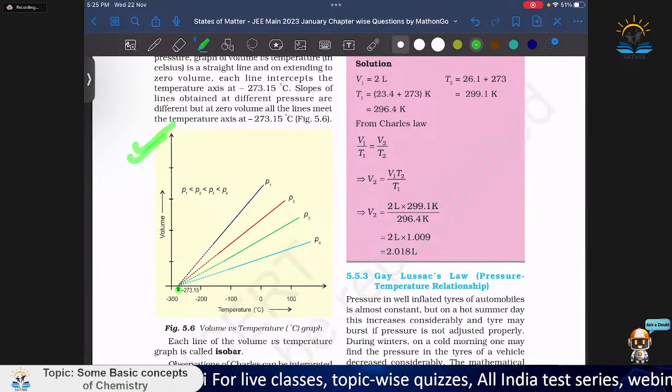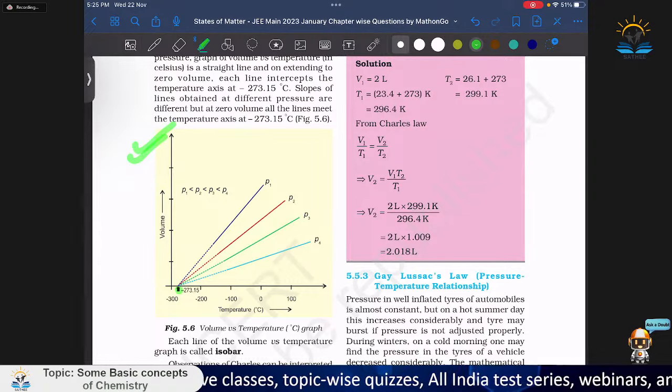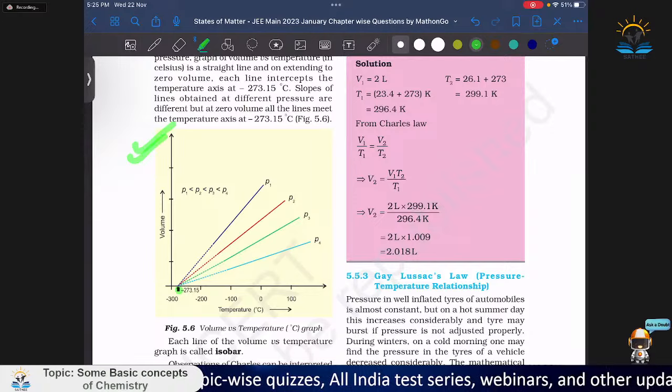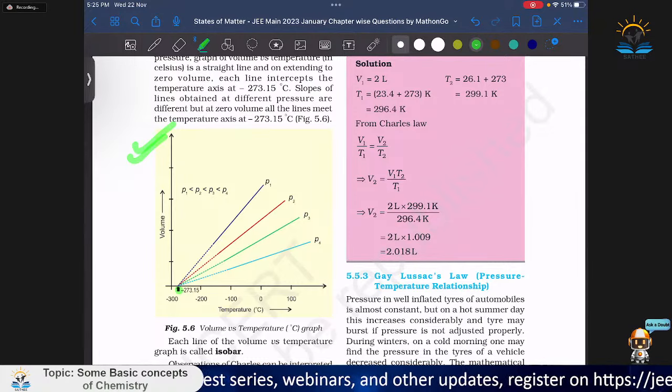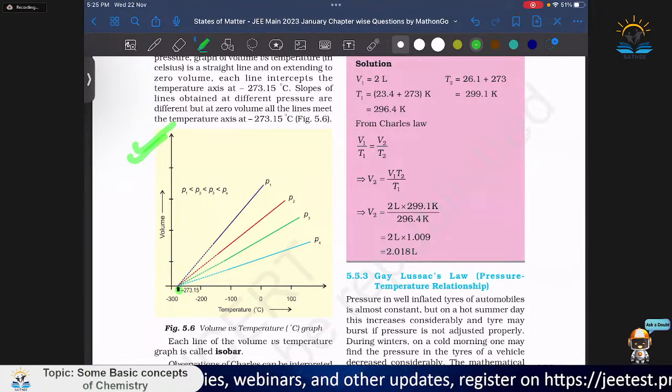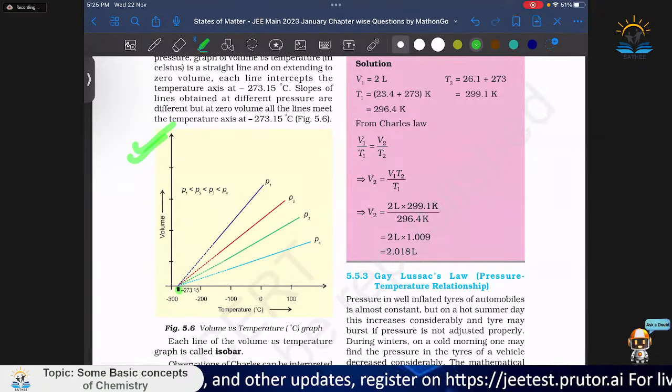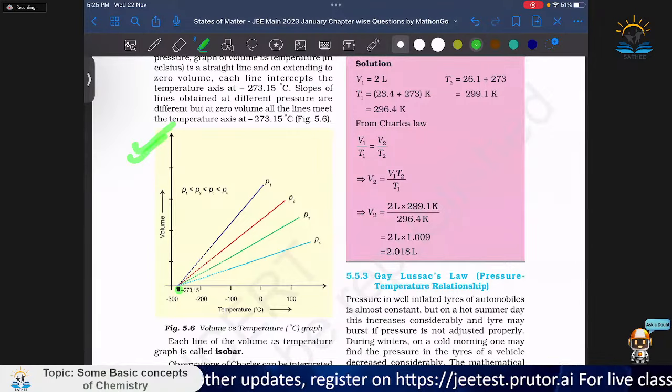Definitely at absolute zero, minus 273.15 degrees Celsius or 0 Kelvin, the gas will theoretically cease to exist and have no volume. So all these graphs will meet at zero volume at minus 273.15 degrees Celsius or 0 Kelvin.